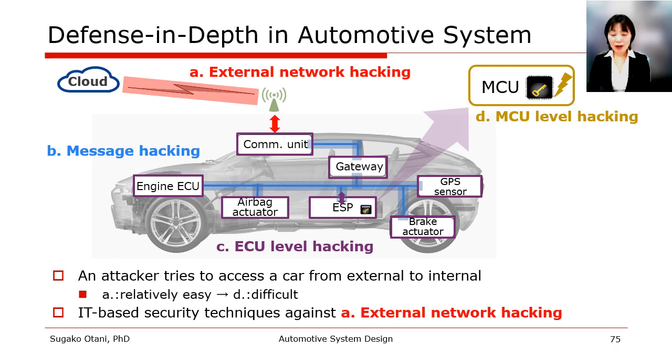External network hacking is relatively easier than others. We can use IT-based security techniques such as firewalling, secure end-to-end communication, intrusion detection system, or intrusion prevention system to protect the external network.